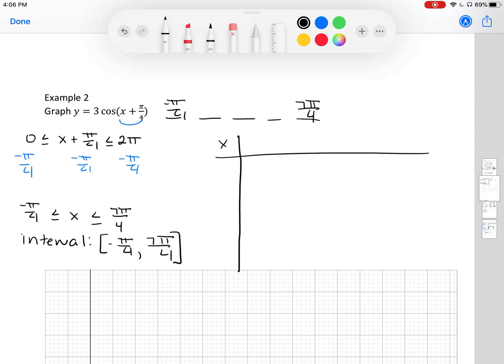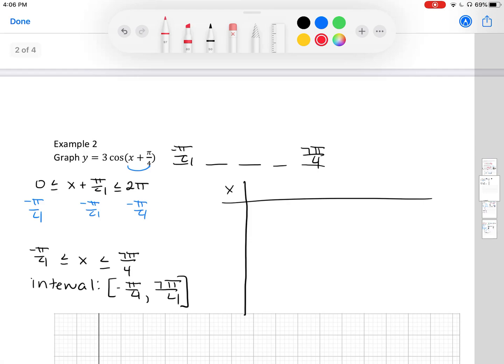Now I want to find those points in between. So to do so, I can find the difference and divide by 4. So the difference would be 7 pi over 4 minus negative pi over 4.